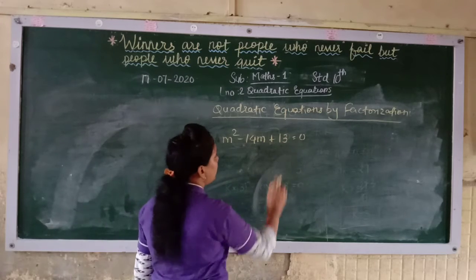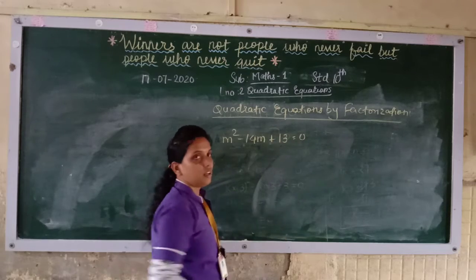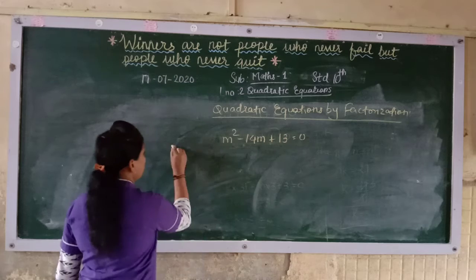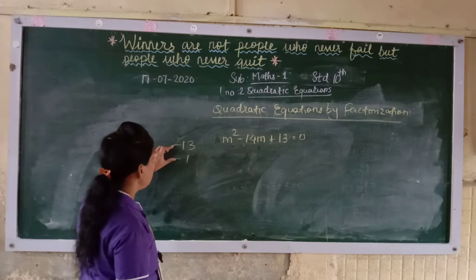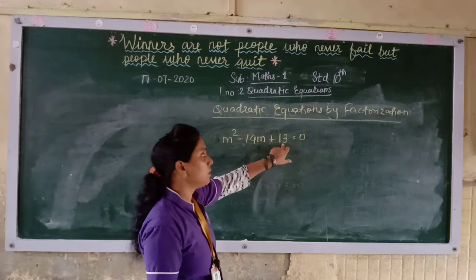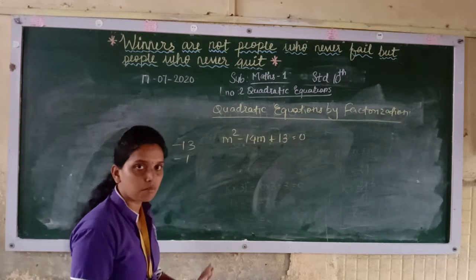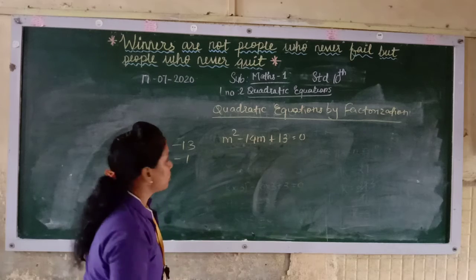So here it is 13. Two numbers whose multiplication gives 13, and whose sum gives minus 14. So those numbers are, because see, minus 1 into minus 13 will come plus 13 only, and minus 13 minus 1 will come as minus 14.